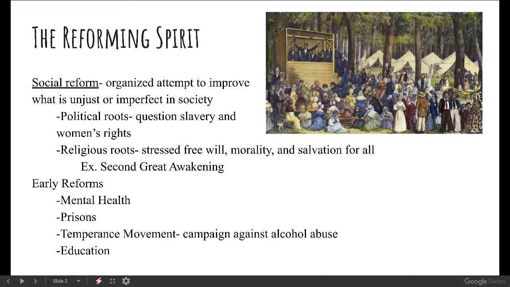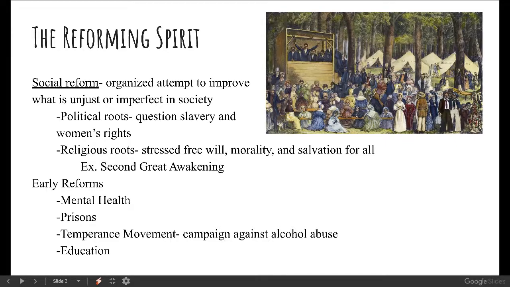We also get the temperance movement beginning here in the 1800s in the antebellum period. The temperance movement is a campaign against alcohol abuse. A lot of people associated really negative behaviors with alcohol, especially abuse and different things like that. And so people started to say, maybe we shouldn't have alcohol allowed in our society.